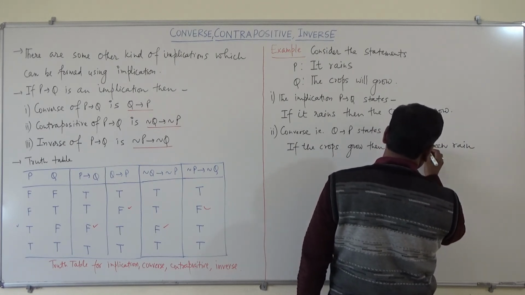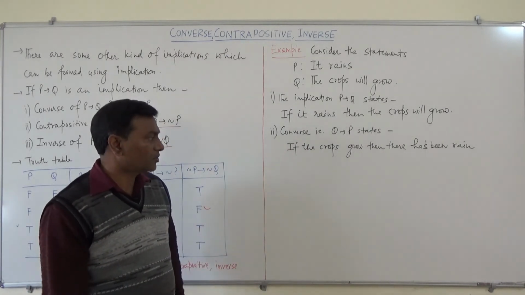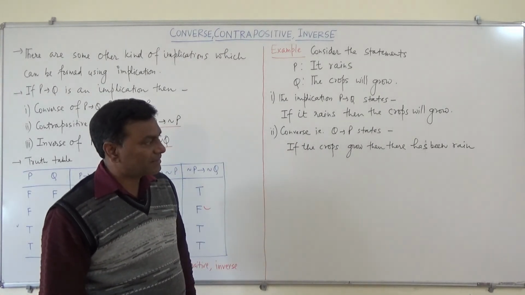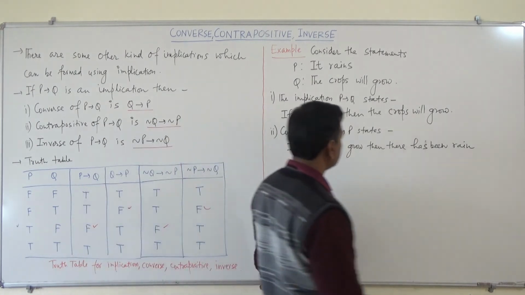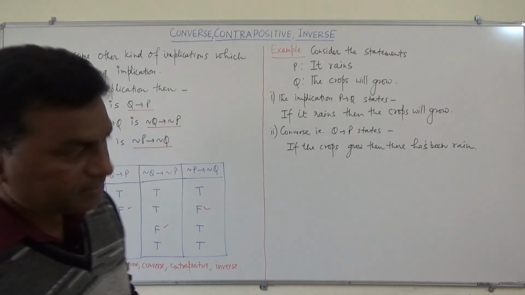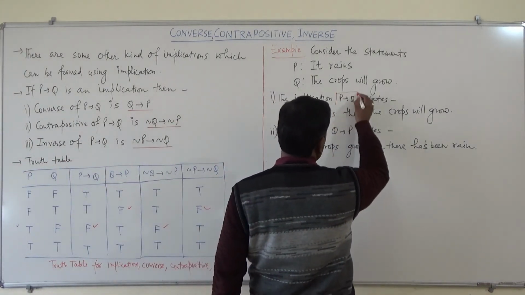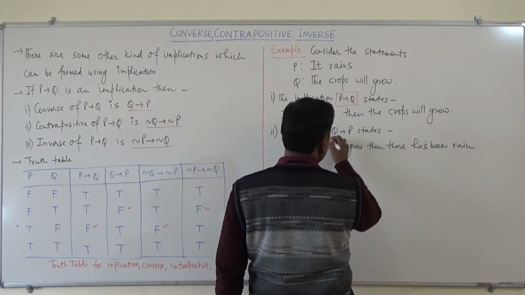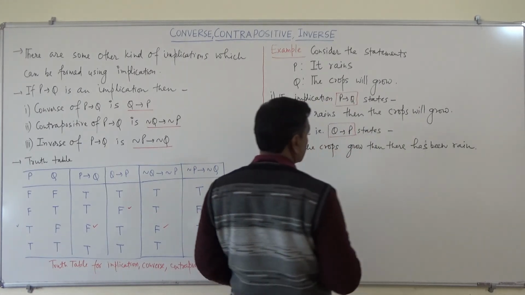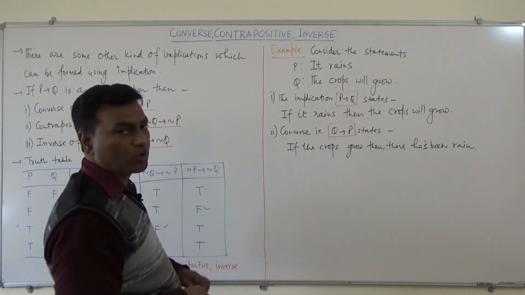If the crops grow, then there has been rain. So this is the converse. This is P implies Q, and this is the converse.